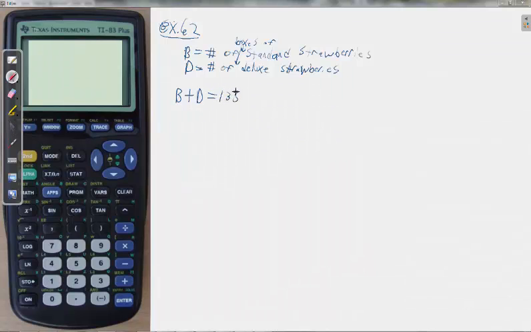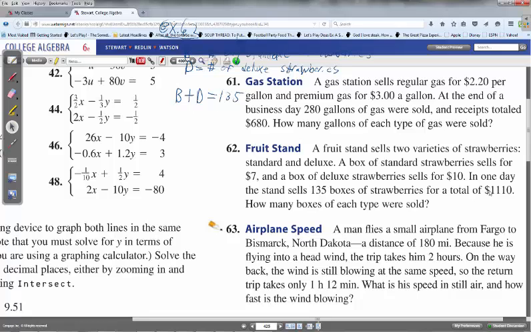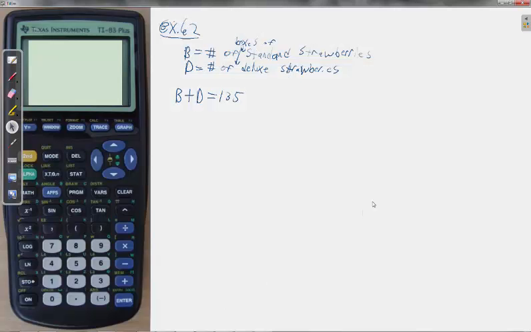Then the other total they gave us was the total amount of money we made, which was $1,110. Well, these standard strawberries cost $7. Deluxe strawberries cost $10. How much money did we make from the standard strawberries?